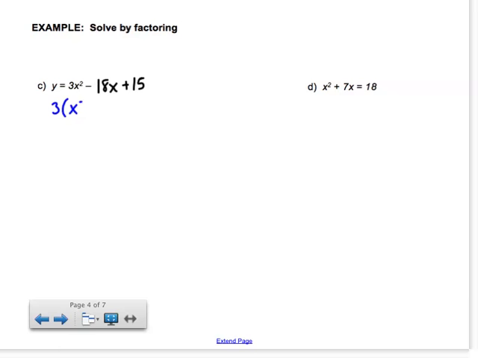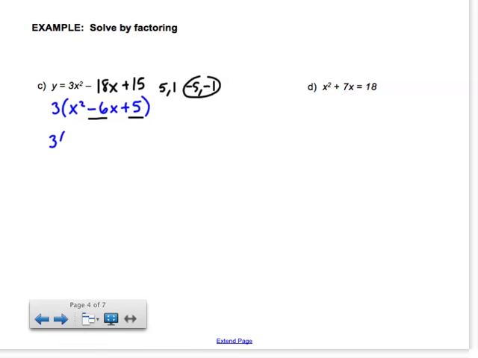I'm left with x squared minus 6x plus 5. I divided the 3 out of each term. And now I look at my last term. It's a 5, and I could have 5 and 1, or -5 and -1. To add up to get -6, I'm going to use -5 and -1.